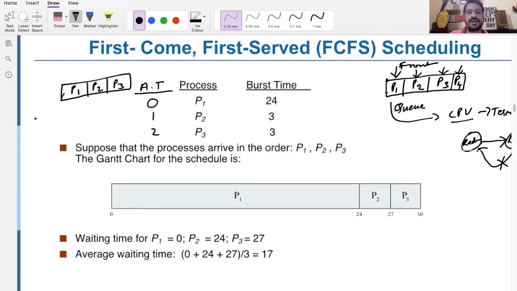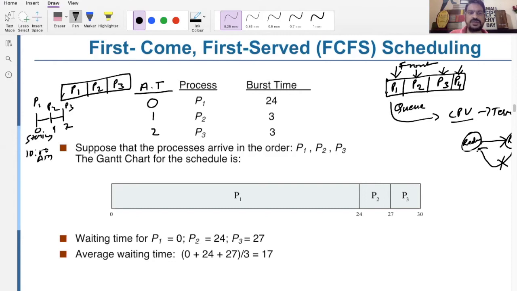So for a particular starting time, let's say 10 a.m., P1 is there, and after 1 millisecond P2 came, and after 1 more millisecond P3 came. That's why the arrival times are 0, 1 and 2.